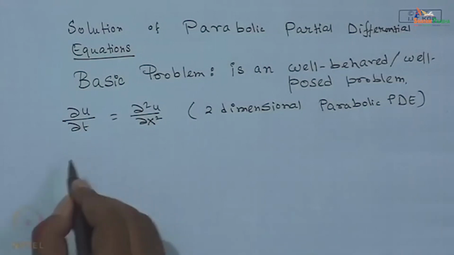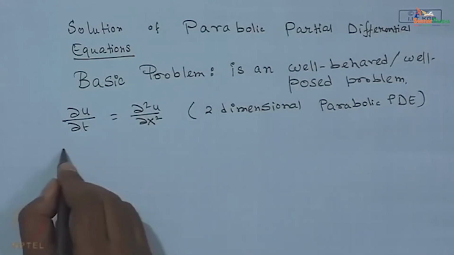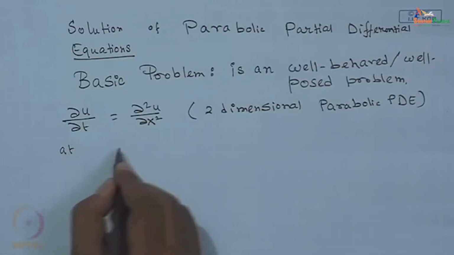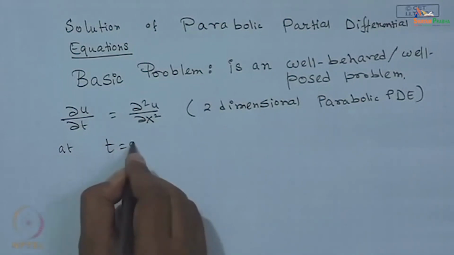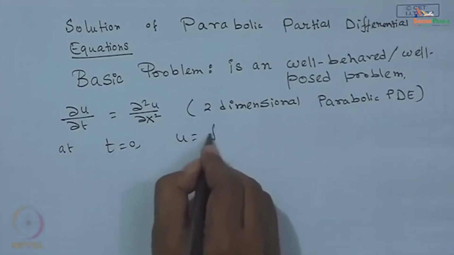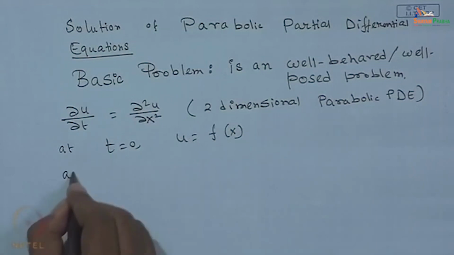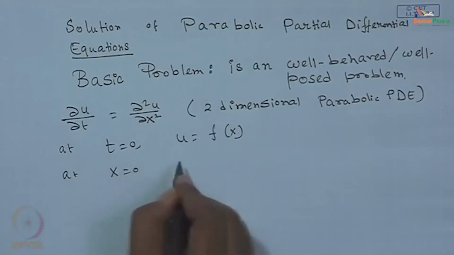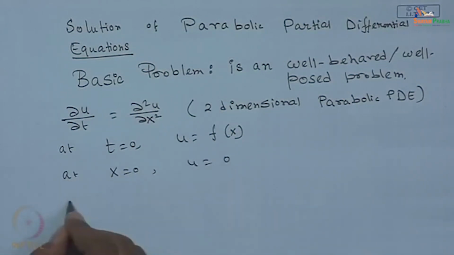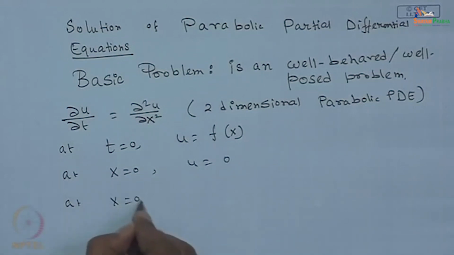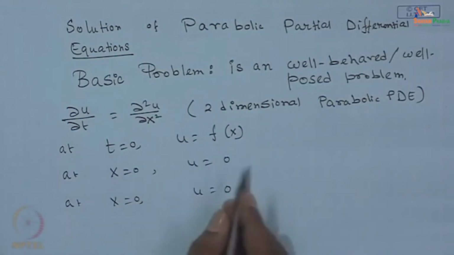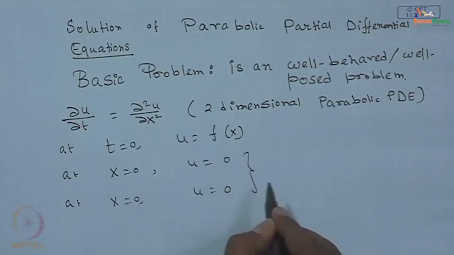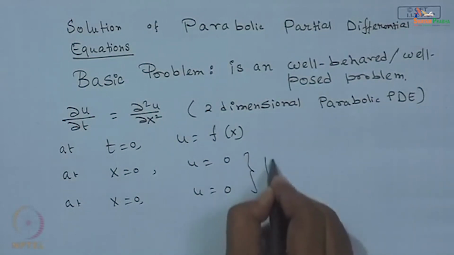Now, for this problem, if the initial condition is non-homogeneous, at t = 0, u = f(x), and at x = 0, u = 0, and at x = 1, u = 0. That means you have homogeneous Dirichlet boundary conditions.